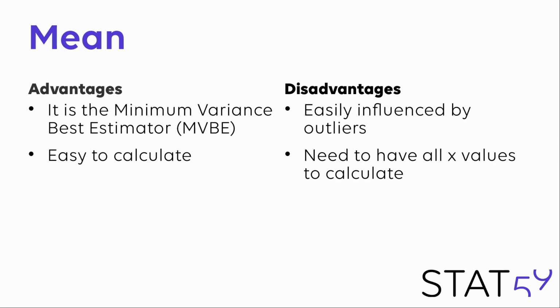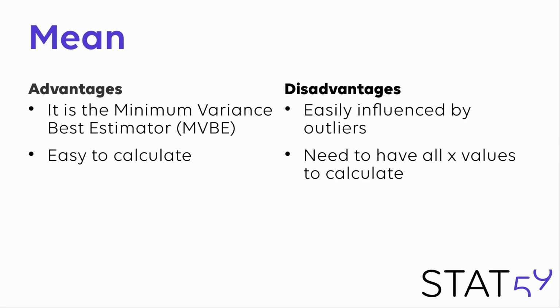The disadvantage of the mean is that it's very easily influenced by outliers. So in this situation with our simulation, if we had, for instance, a group of simulated patients where one patient was 100 years old and all the other ones were teenagers, we would see that that single outlier, the age of 100, would vastly skew our mean.